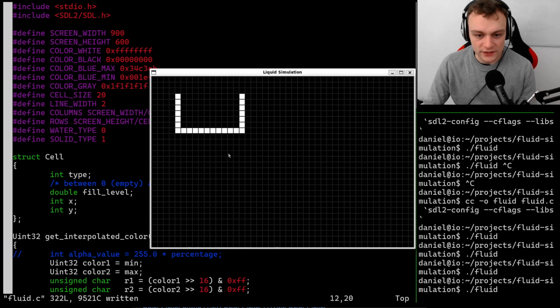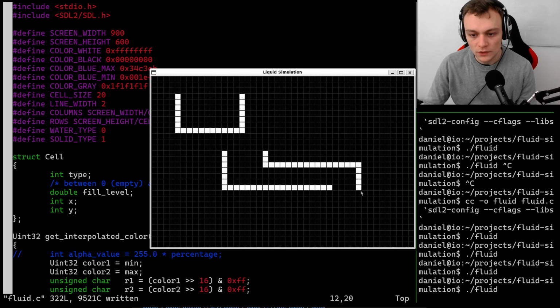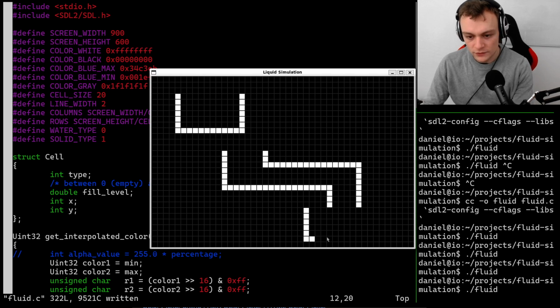Then let's create something like a pipe here that can capture all the water coming down from the container. And that pipe will lead the water into this container right here.